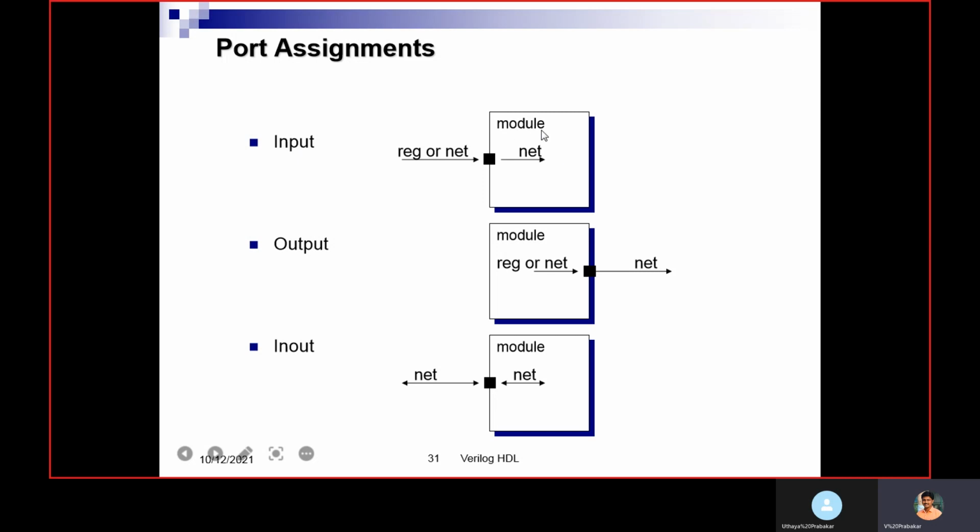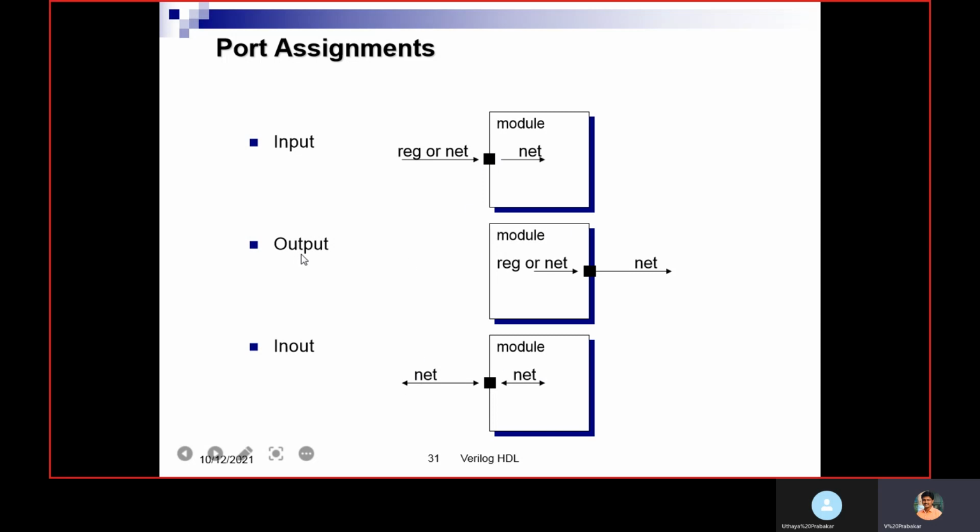So inside the module, if you use a net, it is nothing but a wire. If you declare a variable as wire, that should be declared as reg in the test bench. If it is a bidirectional inout, both in the RTL design as well as in the test bench, it should be a wire.